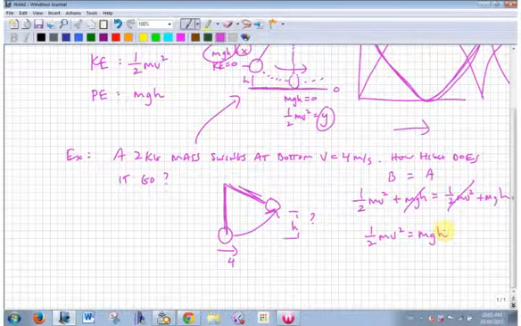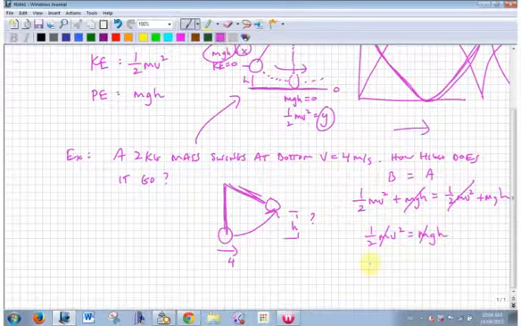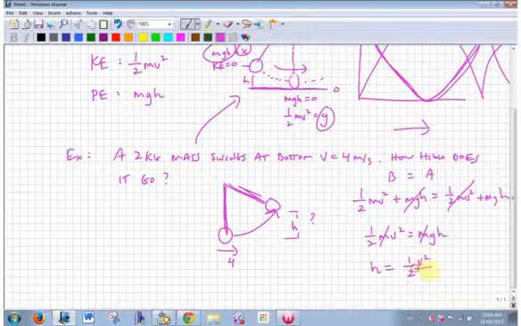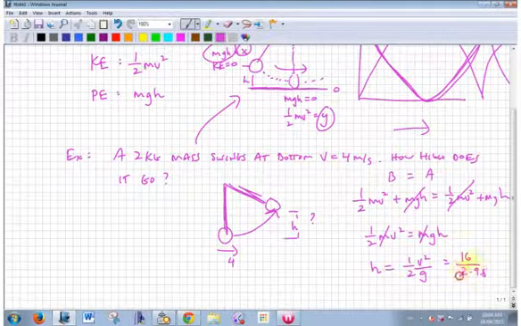What am I solving for? H. So something I can cancel here? Yeah. So H is divide by G, V squared over 2G. And V is that. That goes in there.